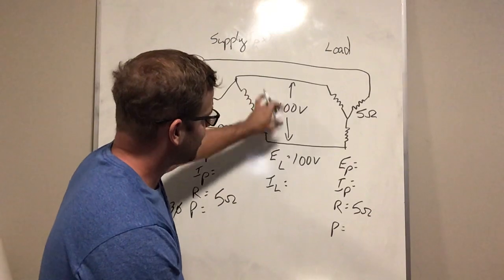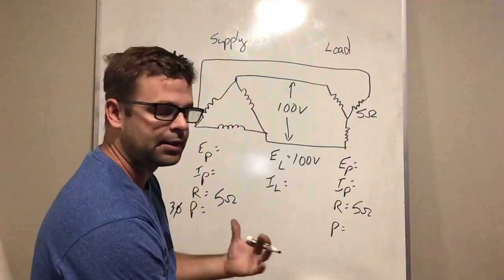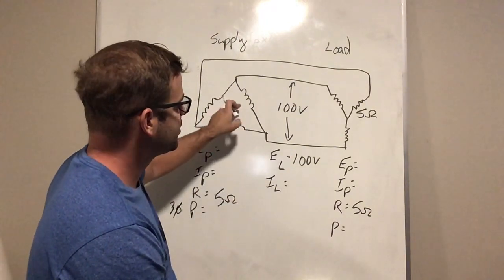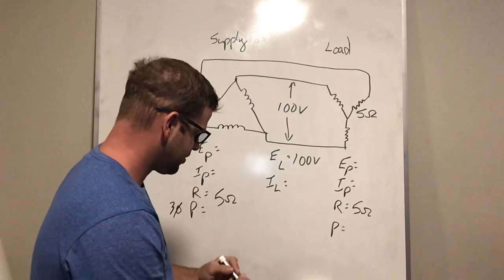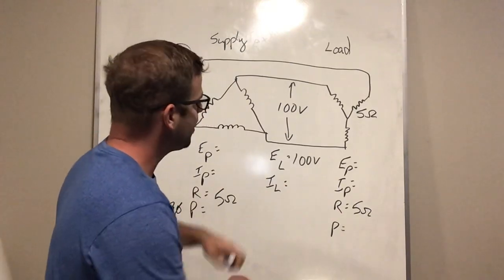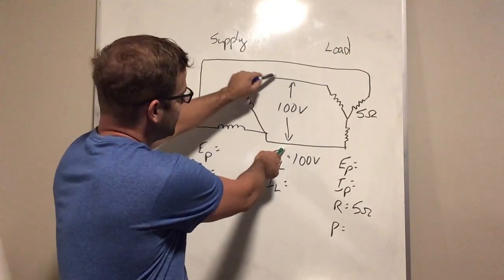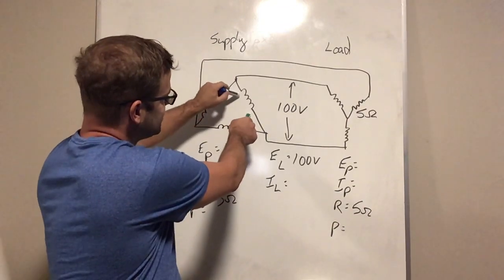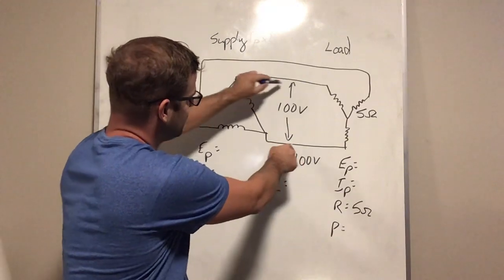So we've got our supply voltage of 100 volts, and the rule in delta is that our line voltage and our phase voltage are going to be the same. So if I went and took a meter and put a meter on this, I've got 100 volts. If I come down to my one phase, this is the same point electrically as in the line.